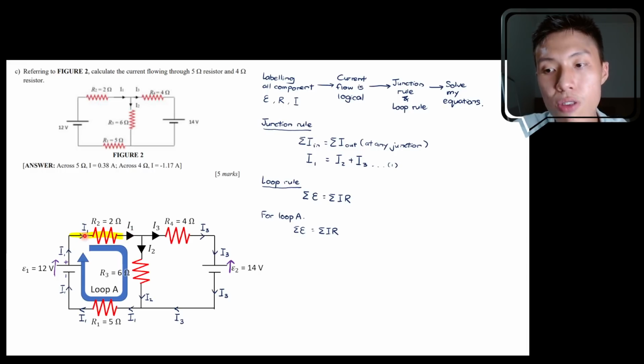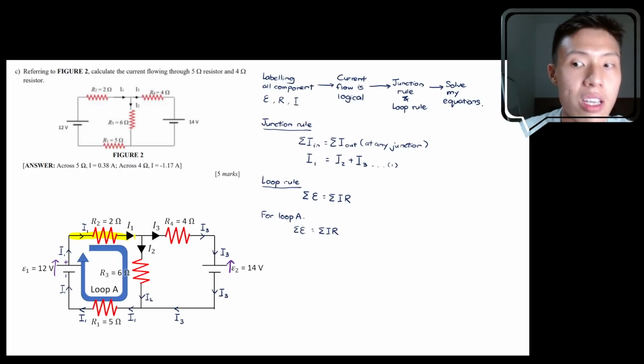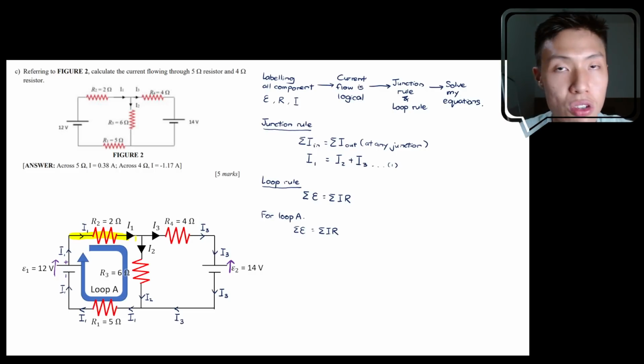The current flowing through resistor 2 is I1, and I1 flows from left to right. My highlighter is also moving from left towards right. So my direction of loop is the same as the direction of current passing through R2.